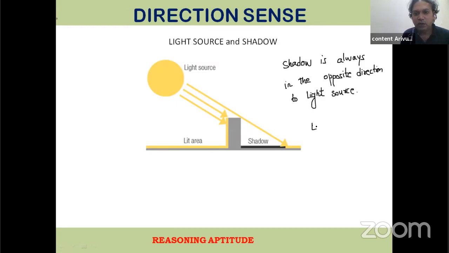So the light source, in almost all questions, what is the light source? The answer is the sun. If you're in the open ground or in any question of direction sense, it's very simple. The light source is always the sun.